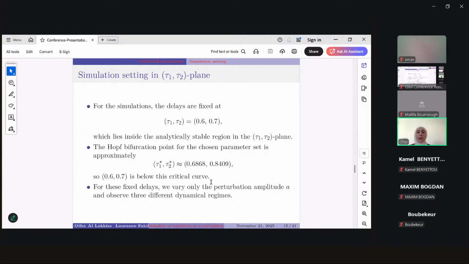This slide explains why we select 0.6 and 0.7: it lies inside the stable region but close to the Hopf bifurcation boundary, making it ideal for observing the 3 nonlinear regimes.